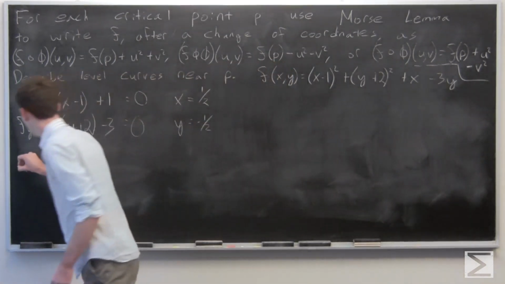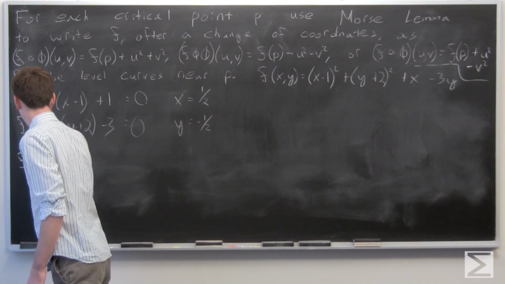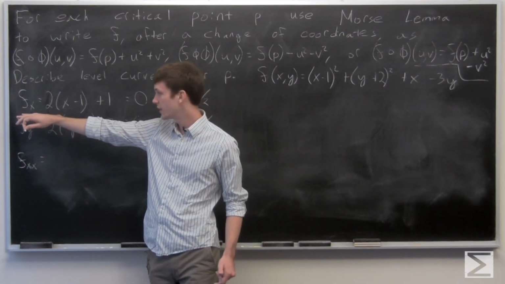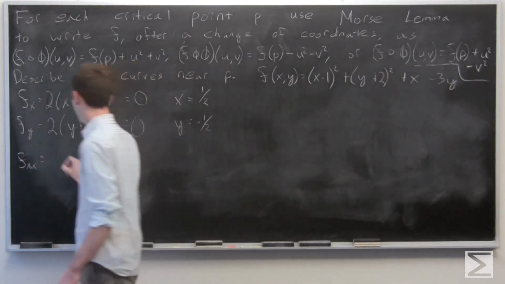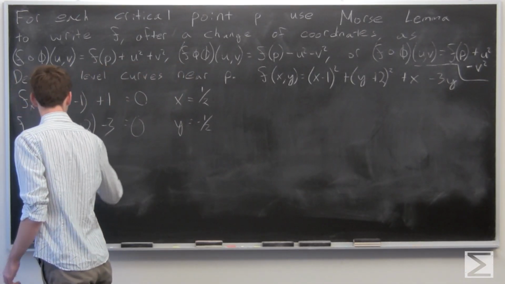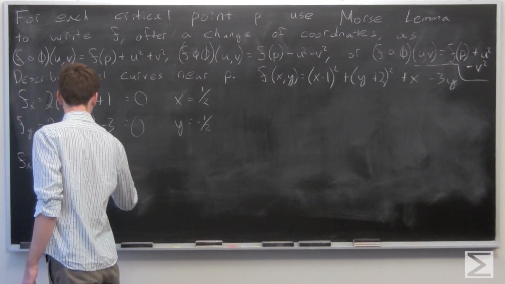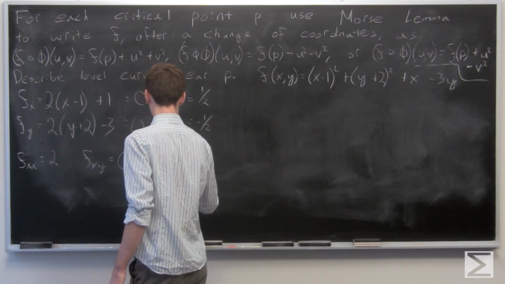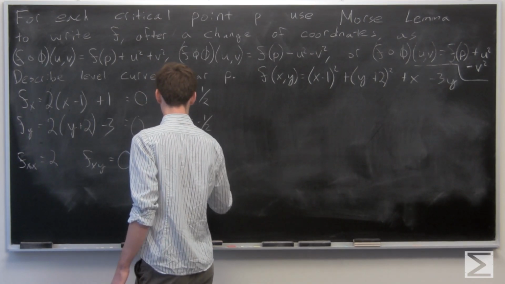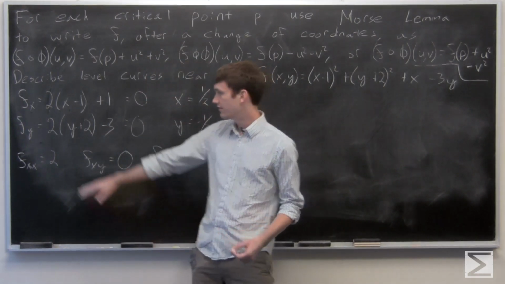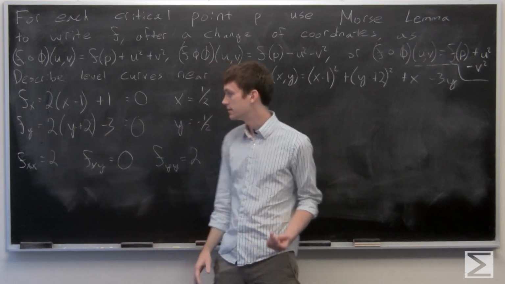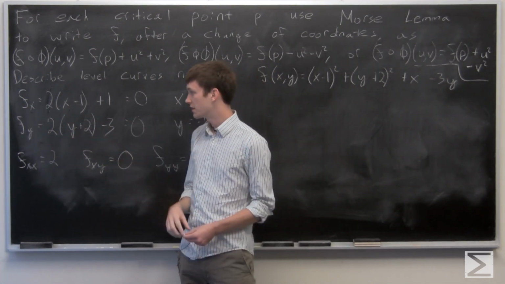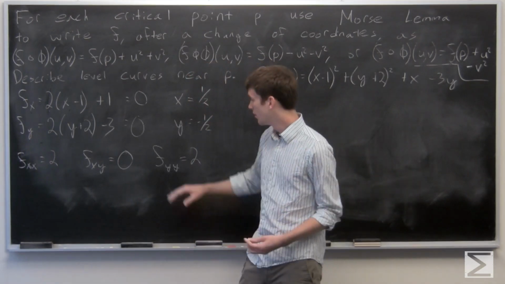The partial derivative of f sub x with respect to x is 2. The partial derivative of f sub x with respect to y is 0, and likewise, the partial derivative of f sub y with respect to x is also 0.